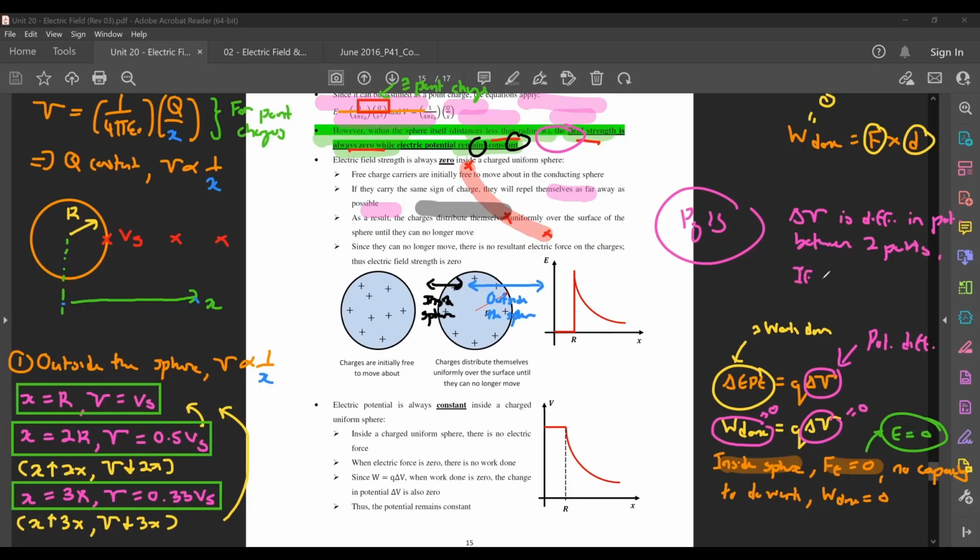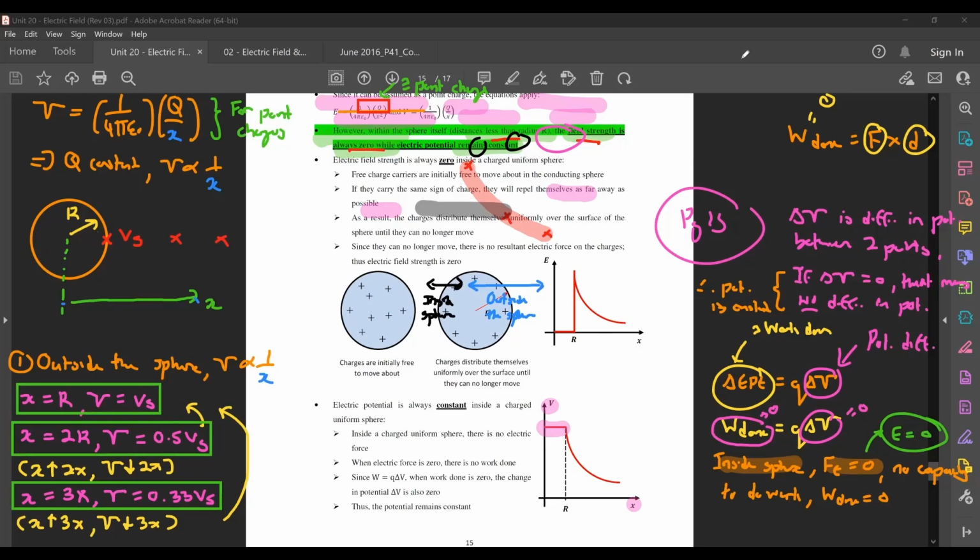If delta V is 0, that means no difference in potential. Therefore, potential is constant. Okay? If your potential difference is 0, that means potential never changes at all. Your potential will remain constant. Okay? If you want to draw a graph of potential versus distance, it should just rightly be a straight horizontal line indicating constant potential. Okay?